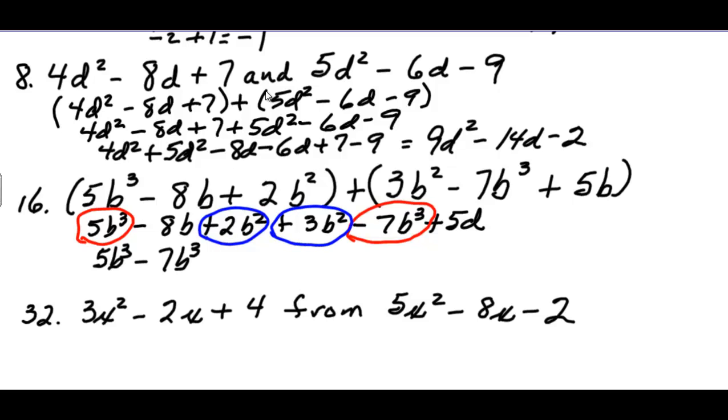These happen to be sitting right next to each other, so that's nice. Plus 2b squared plus 3b squared. And finally, the last two terms are the negative 8b and the positive 5. That should be a b. Sorry about that. Let's see if we can erase that and make that a b.